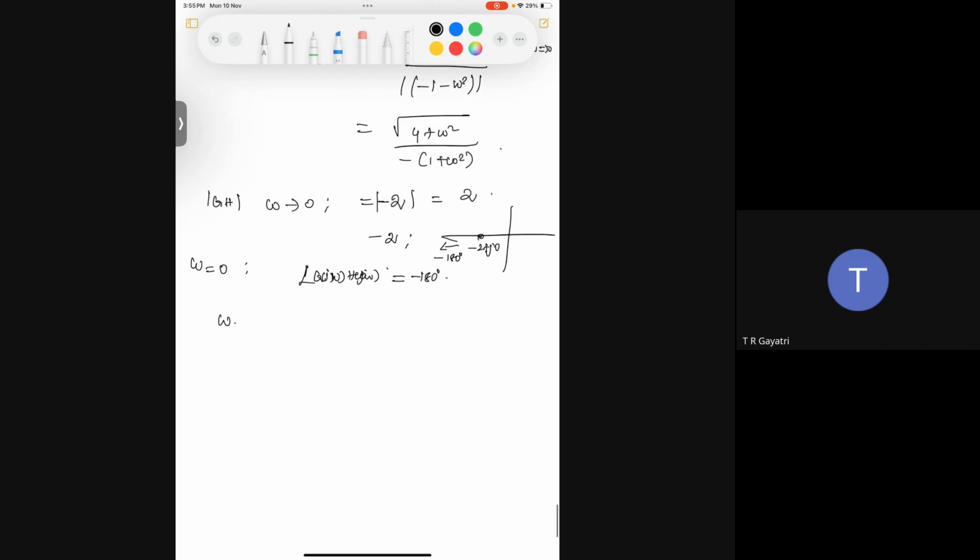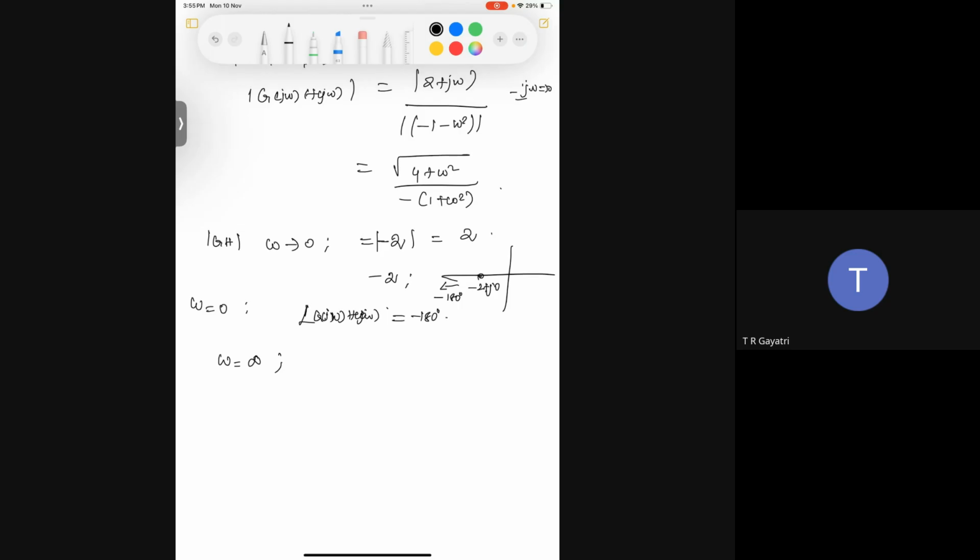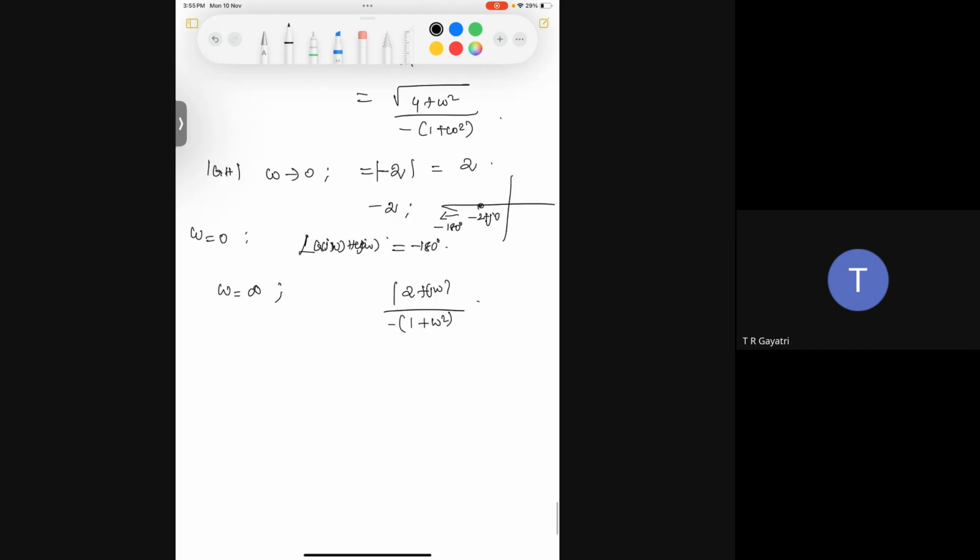Similarly, when omega equal to infinity, if I substitute infinity, for magnitude, j omega by 1 minus of 1 plus omega square, right? If I substitute infinity, this 2 will go. So I will get j omega divided by omega square.